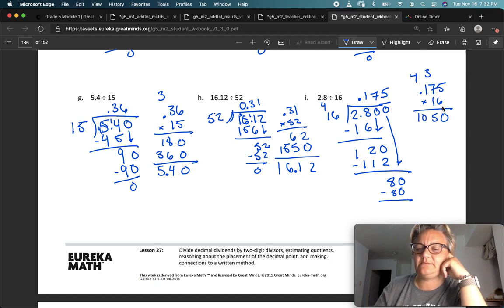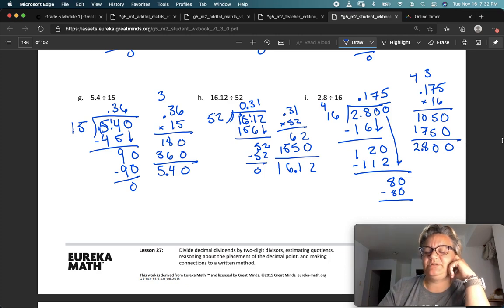And yeah, okay. Add the 0, 5, 7, 1. Now I've got 0, 10, 8, 2, and 3 spaces. 1, 2, 3. 2 and 8 tenths, or 2 and 800 thousandths.